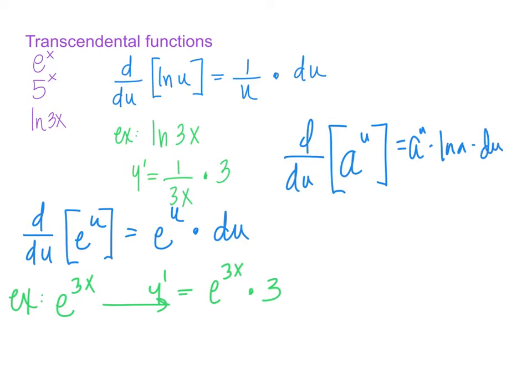So let's say we needed to find the derivative of 5 to the x squared. The derivative of 5 to the x squared would be 5 to the x squared times ln 5 times 2x. So this is a, this is u, a to the u, ln a, du, the derivative of u, so 2x.